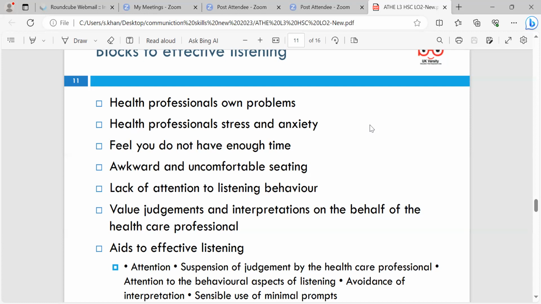Health professional stress and anxiety. Feeling that you do not have enough time. Sometimes it's awkward and uncomfortable. Sometimes lack of attention to listening behavior. Value judgments and interpretations on the part of the healthcare professional.